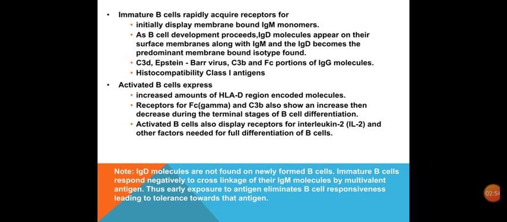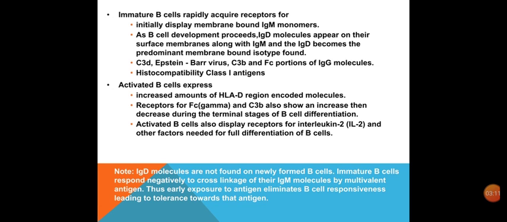C3d, Epstein-Barr virus, and C3b receptors, Fc portions of immunoglobulin G molecules, and histocompatibility class 1 antigens are all present on the surface of immature B cells.